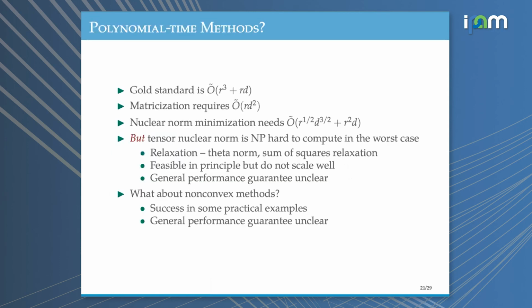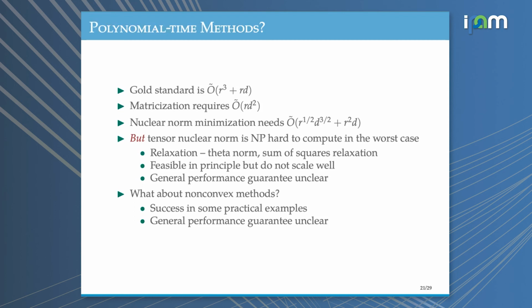But nonetheless, let's take a quick look at the two convex approaches we discussed. Obviously, both of them are still a little bit far away from the gold standard. One is the matricization approach, which ends up giving me a D² sample size requirement, but the advantage is it's very computable. And then I talked about nuclear norm minimization, where the sample size depends on D up to 3/2.